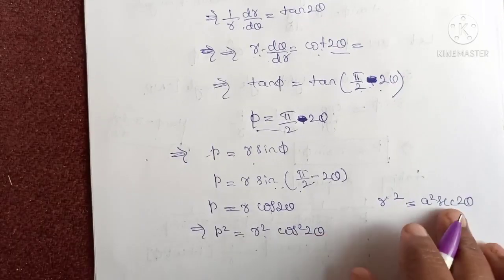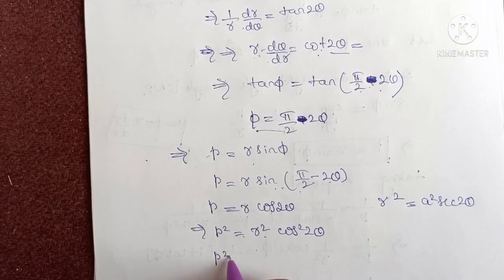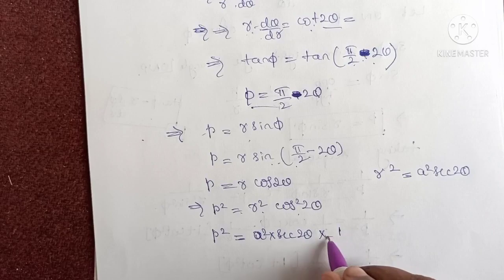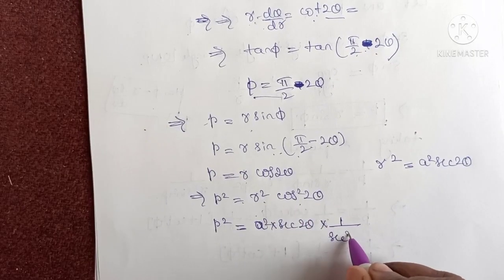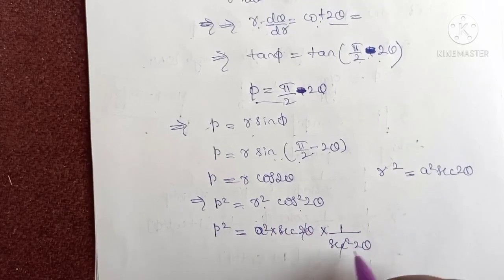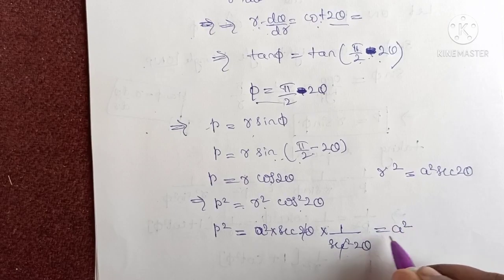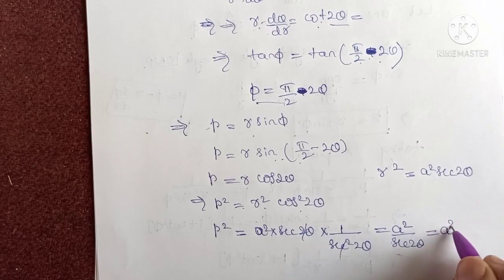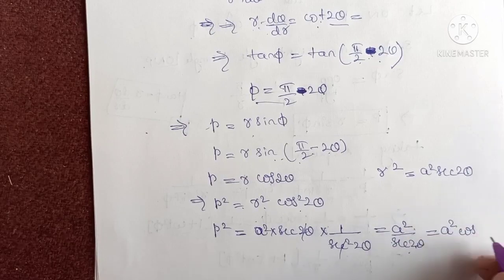So substituting this value here, we get p square equals a square into secant 2 theta. This cos square can be written as 1 divided by secant square 2 theta. One term of sec gets cancelled, and we get a square divided by sec 2 theta, or a square into cos of 2 theta.